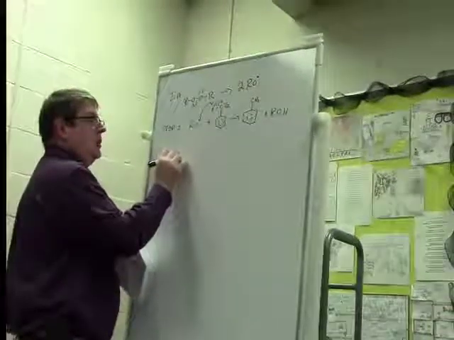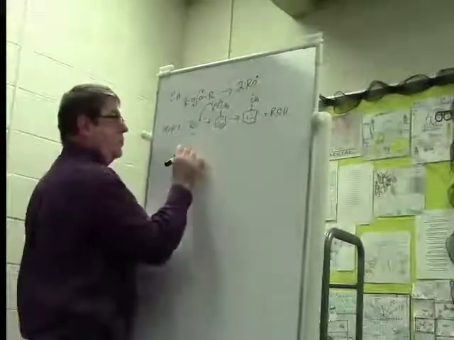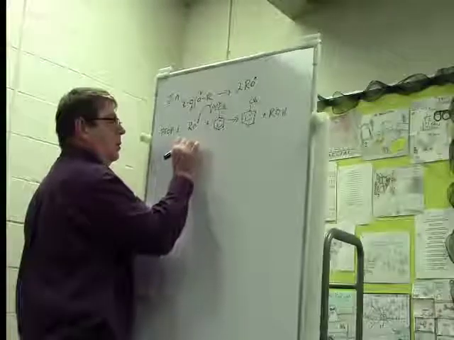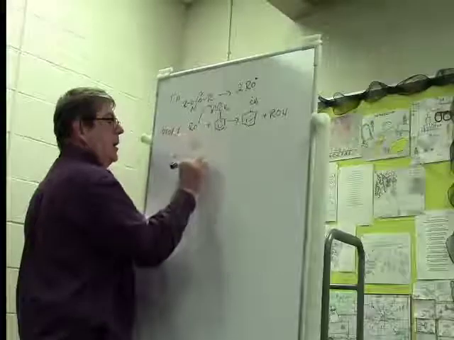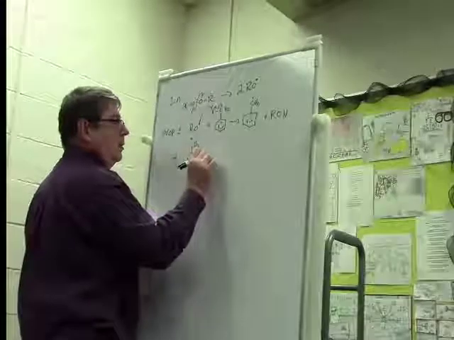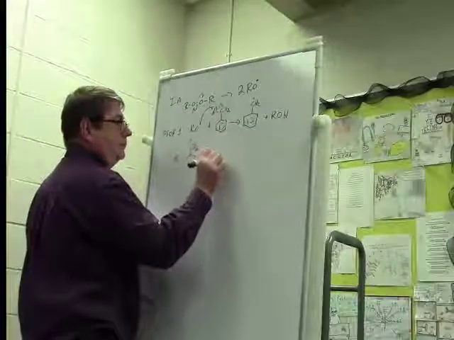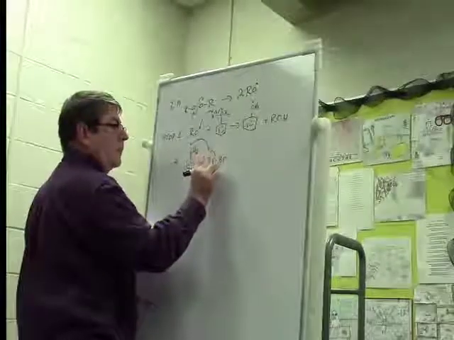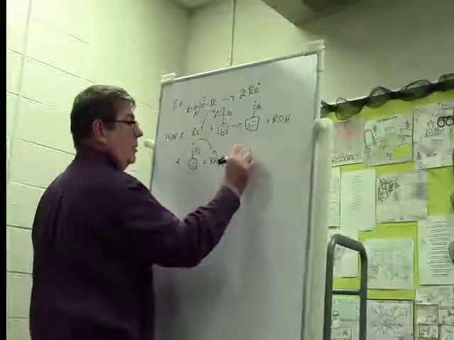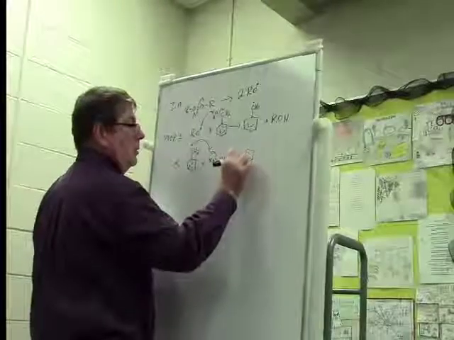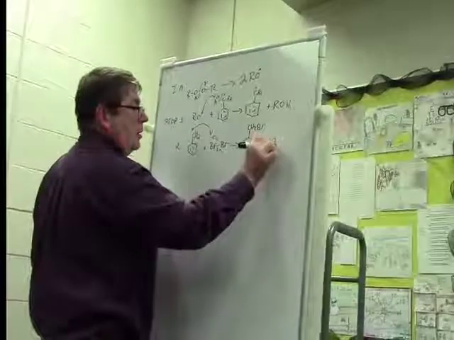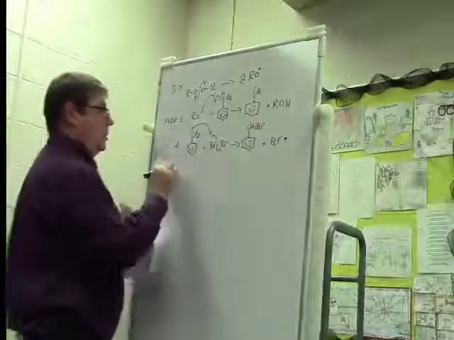Now propagation number 2, we would have had this radical coming in and reacting with the bromine, and we would have gotten C6H5CH2Br plus Br dot, right?